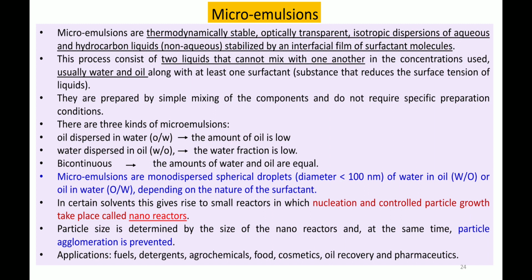Whenever you see O/W, you have to keep in mind that oil is dispersed in water. Obviously the amount of oil is low because you are taking a lot of water. Let us say 500 ml of water, and if you put 10 ml of oil, then you can say that the oil is dispersed in the water, and therefore the amount of oil is low.